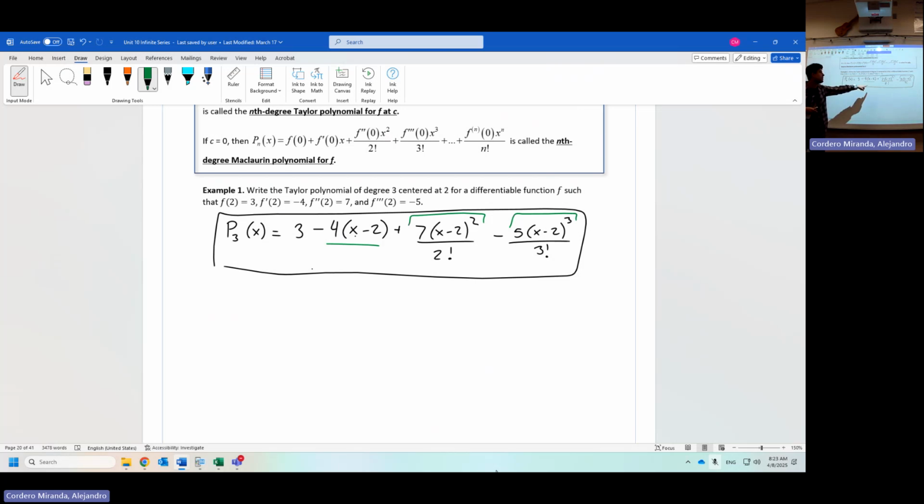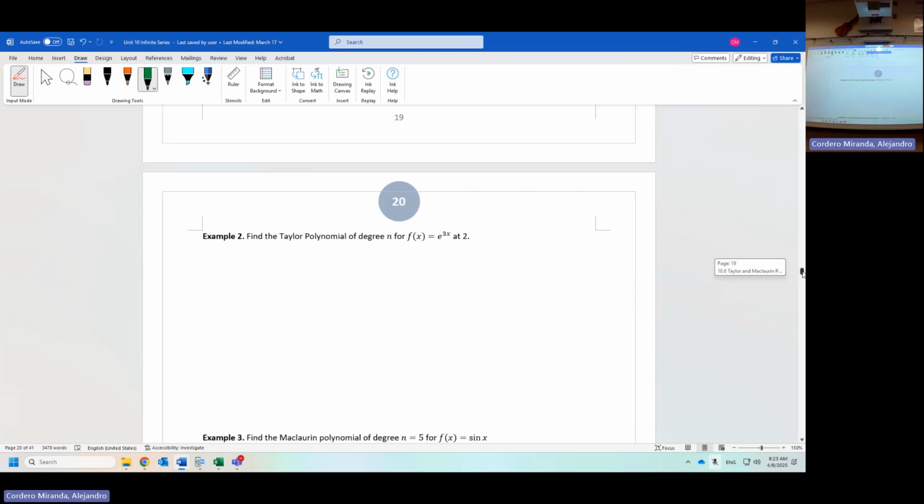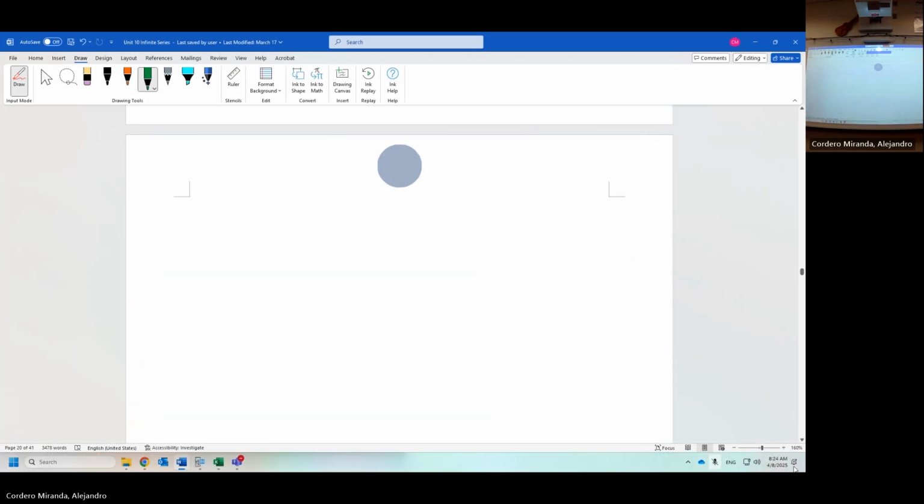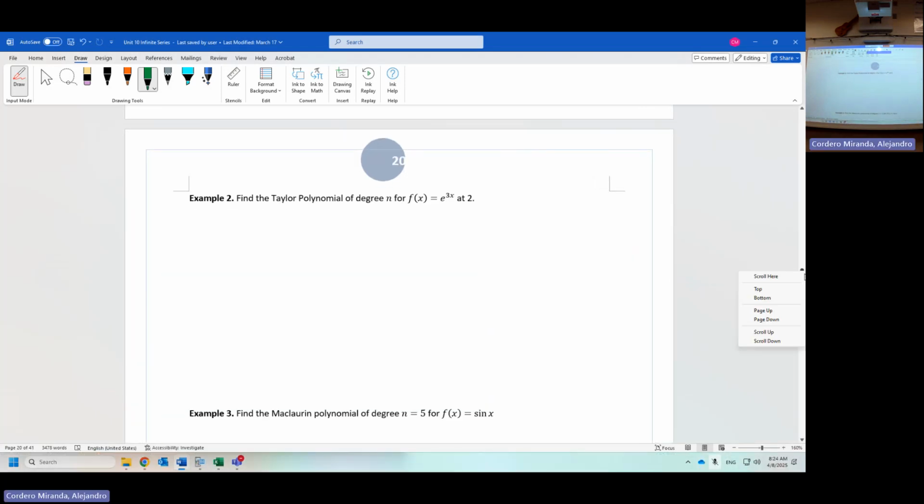Cool. Okay, there's that one. Here's more examples. If you're generally confused, we're about to do this a bunch more times. It says find the Taylor polynomial of degree n for f of x equals e to the 3x, centered at 2.